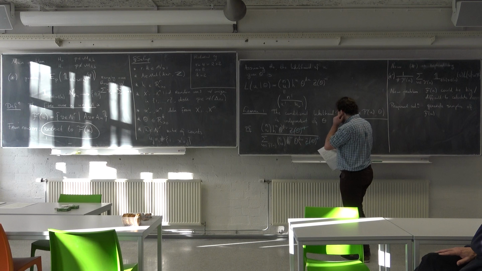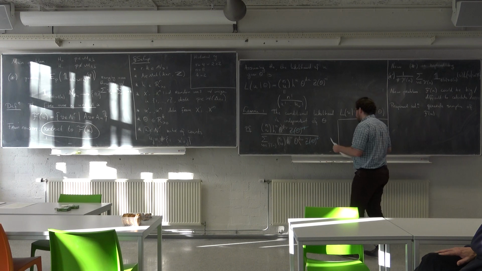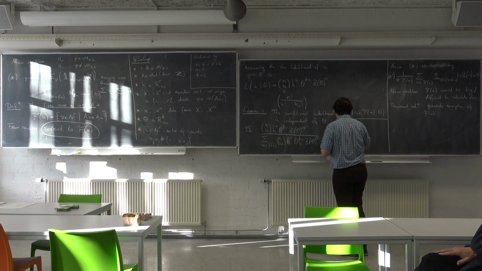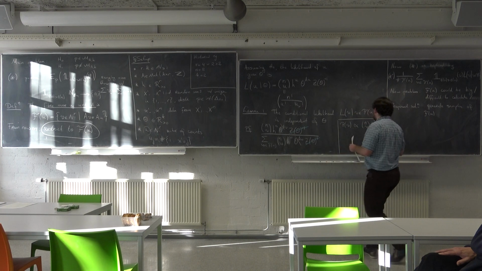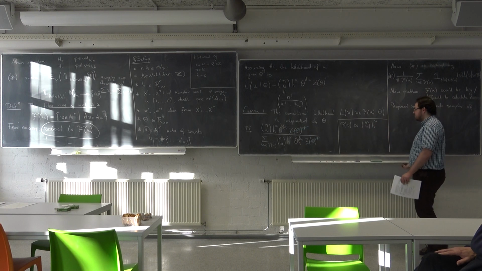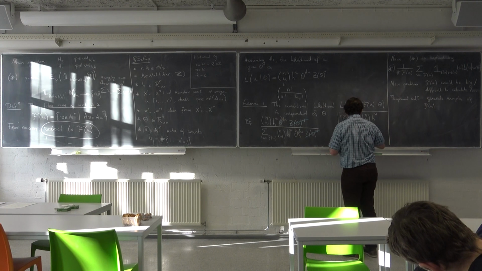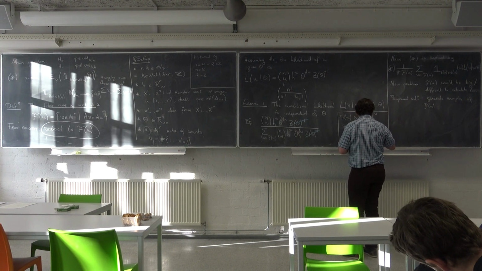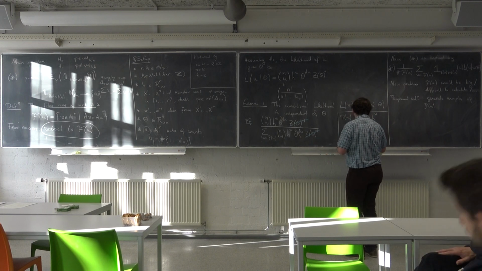After we've cancelled the thetas, we may recognize a probability distribution which takes this form, where this just means there is a linear factor that I've suppressed, and this is called generalized hypergeometric distribution.